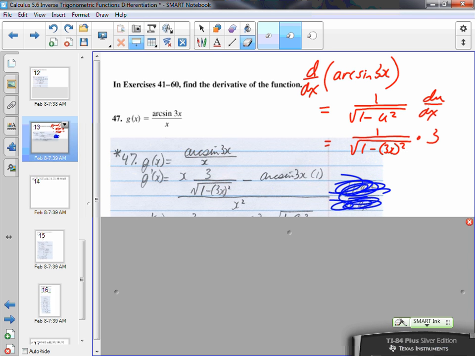All right. Who likes having the square root of 1 minus 9x squared as a denominator in your numerator? Not me. So I got to multiply by the square root of 1 minus 9x squared over the square root of 1 minus 9x squared.